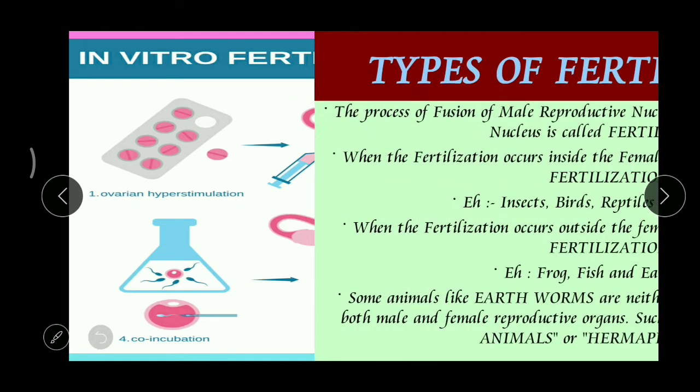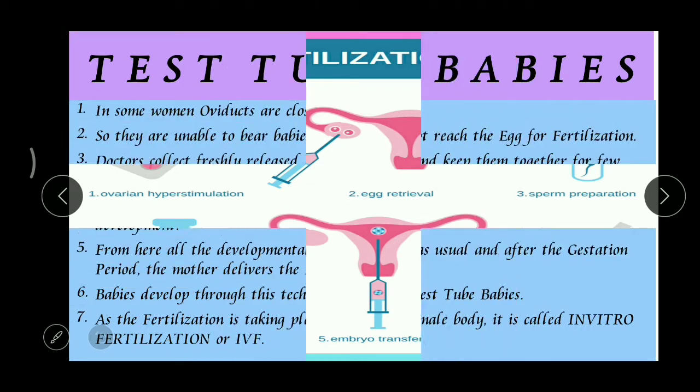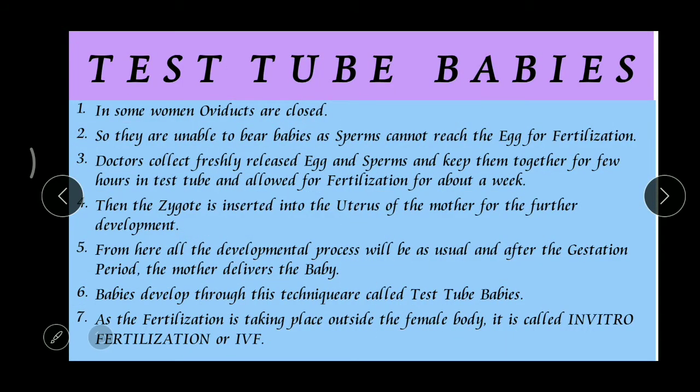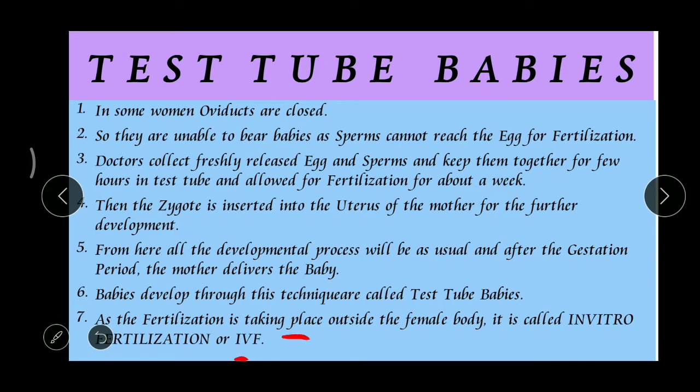Got it, children? So what is the other name for this? That is IVF. We can also call this IVF, or in vitro fertilization. What is meant by in vitro? In vitro means outside.